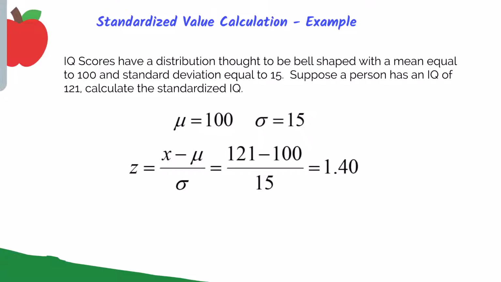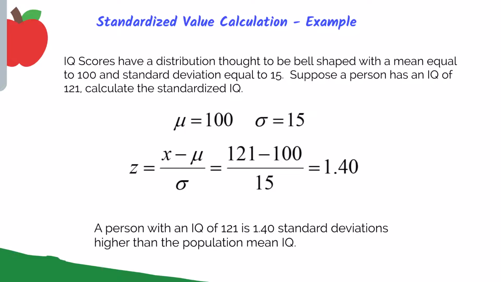So here's our formula again: we take 121, the IQ score we're working with, subtract the mean of 100, and divide by the standard deviation of 15, and we get 1.4. In other words, a person with an IQ of 121 is 1.4 standard deviations higher than the population mean IQ. This lets us compare this individual's score to the mean.